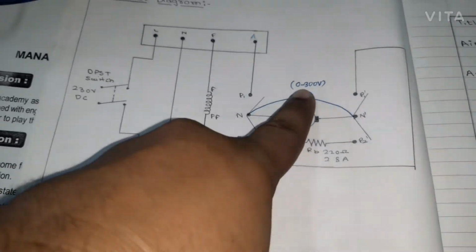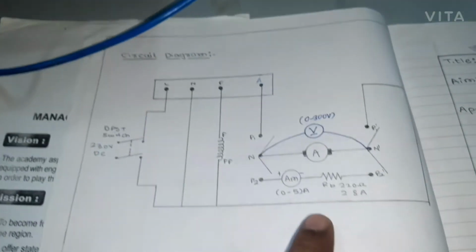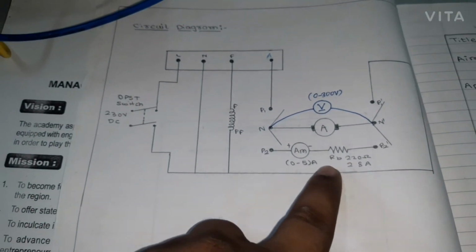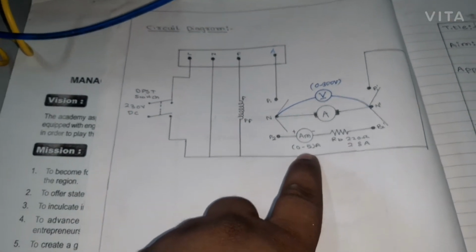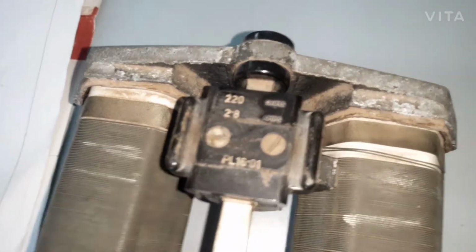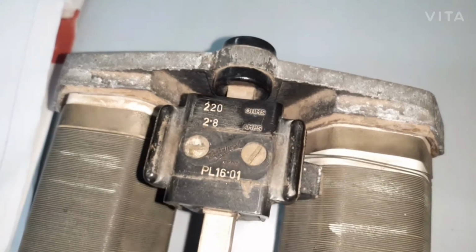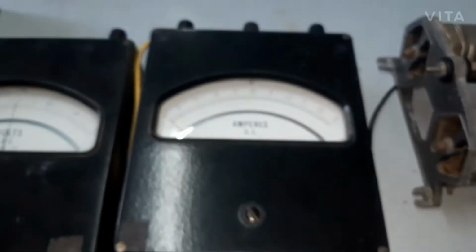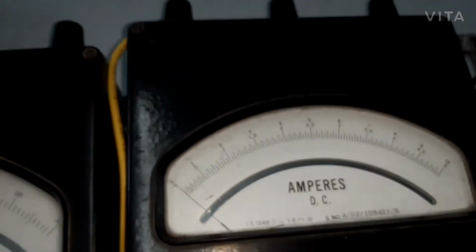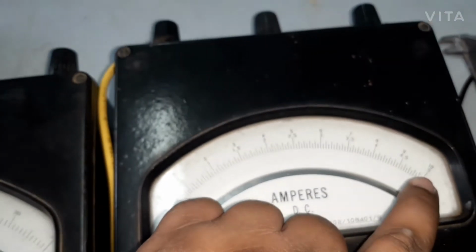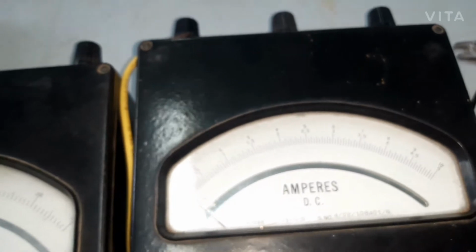So 230 volts divided by 220, it will be around 1 ampere. So a 0 to 5 amperes ammeter is fine, and this is the rheostat, 220 ohm 2.8 amperes. Then the ammeter is connected to the 5 ampere range.